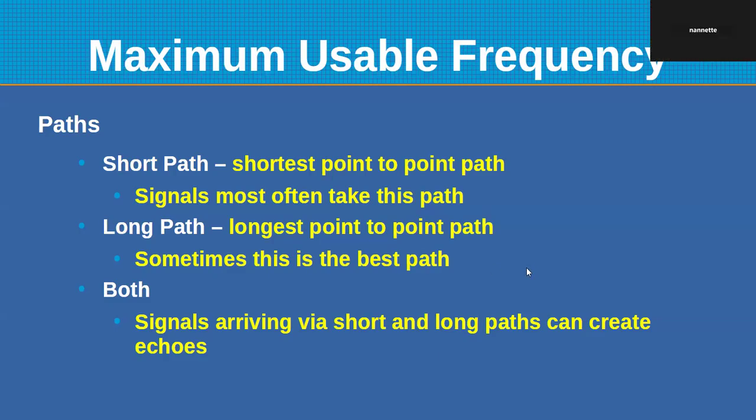So again, to clarify the both signal part, if you're using the short path, it is possible it can take the long path and come back in an echo. But you're not using short and long at the same time. Well, you don't have a choice. Okay, so it's going to choose its path. Well, right. You're sending a signal out. Unless you have a very directional antenna, it may be sending it in multiple directions.